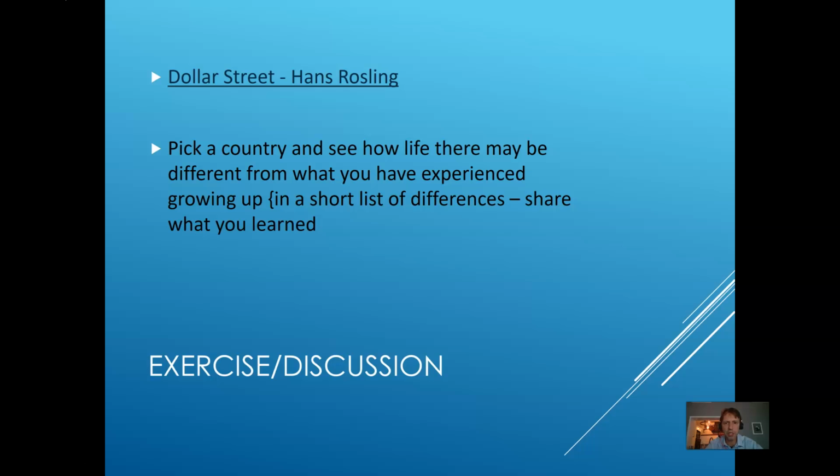Pick one country and look at life there and think about how that's different from what you personally experience, and make a short list of the differences. You can also add some of the things that maybe are similar. And so as you study another part of the world and see how people live in that region, just compare that to your own experience where you grew up, whether that was here in the US or abroad.